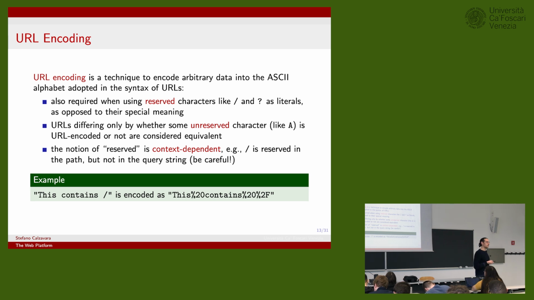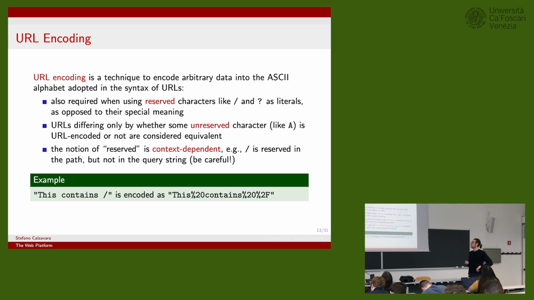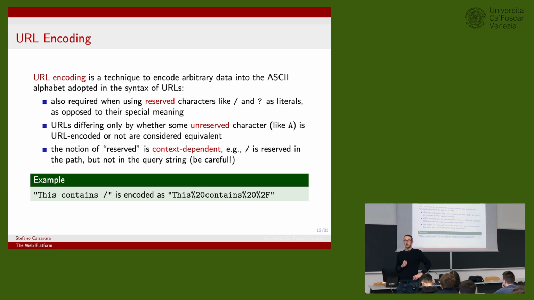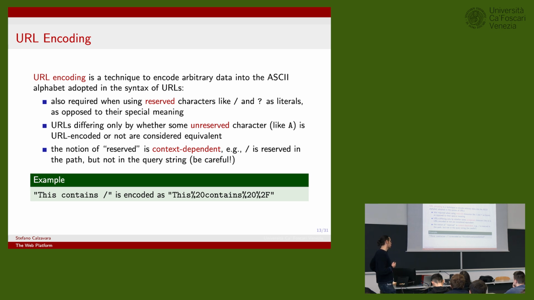But there are tons of characters which are not part of the ASCII alphabet. For example, if you write in Chinese, in Arabic, or using some other characters which are not so common that you can find them, for example, on a traditional English keyboard.